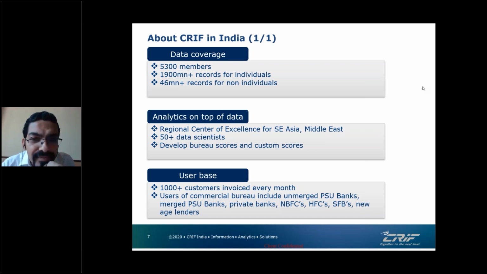How is bureau data helpful while analyzing the early warning model? Bureau data is helpful in analyzing the early warning model because your ability to develop an early warning model is dependent on a few things.